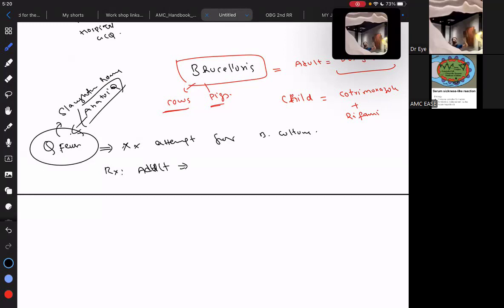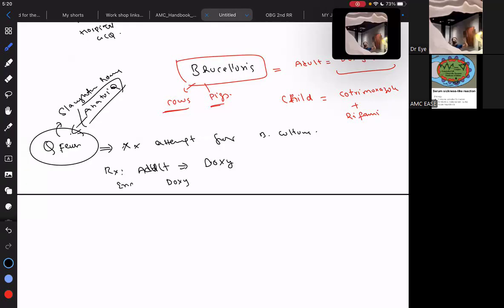is none other than doxy, and it can result in culture negative endocarditis.